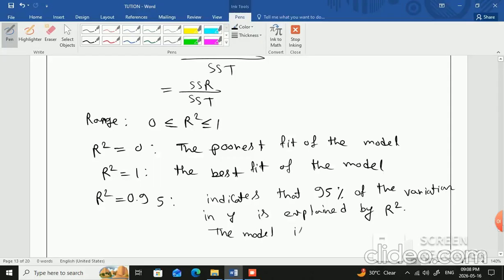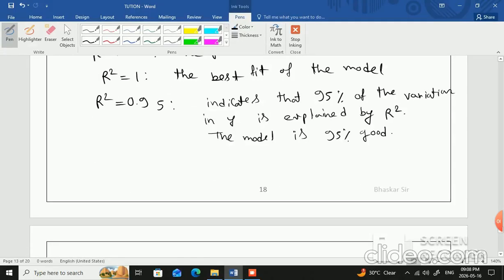The model is 95% good. R square belonging to 0 to 1 indicates the adequacy of fitted model.